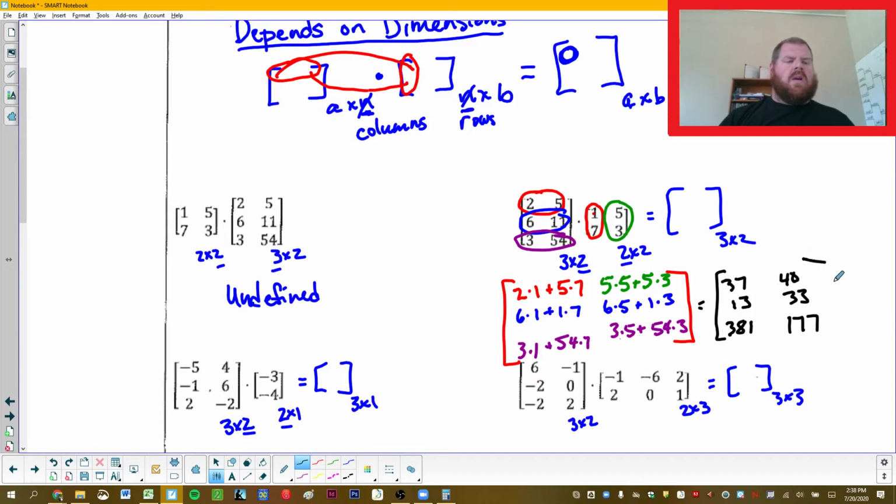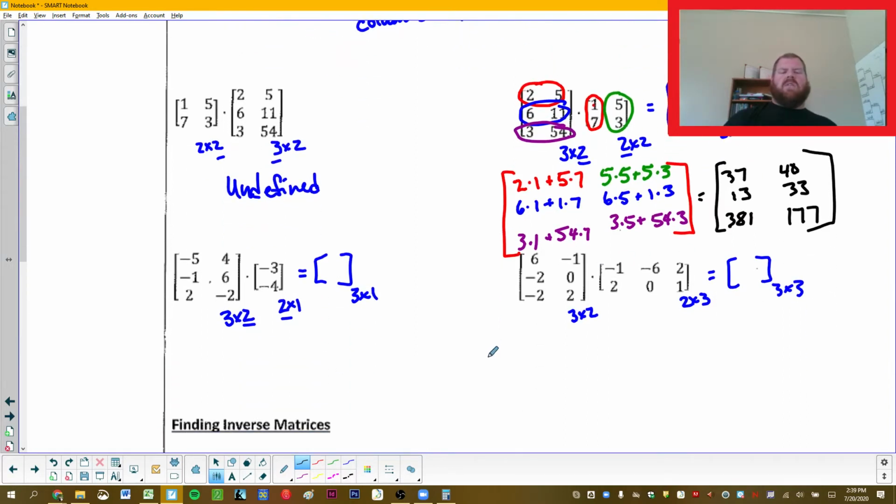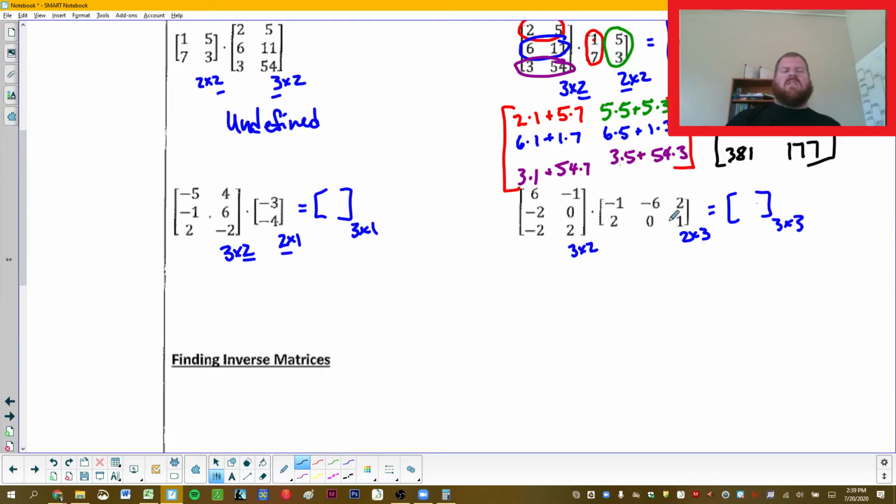So that's what we get for that matrix multiplication. So you have to think your rows by your columns, entry by entry, and adding those results together. Okay. That one was sort of a hard example. Definitely this last one I think is the hardest of the three that can be multiplied.